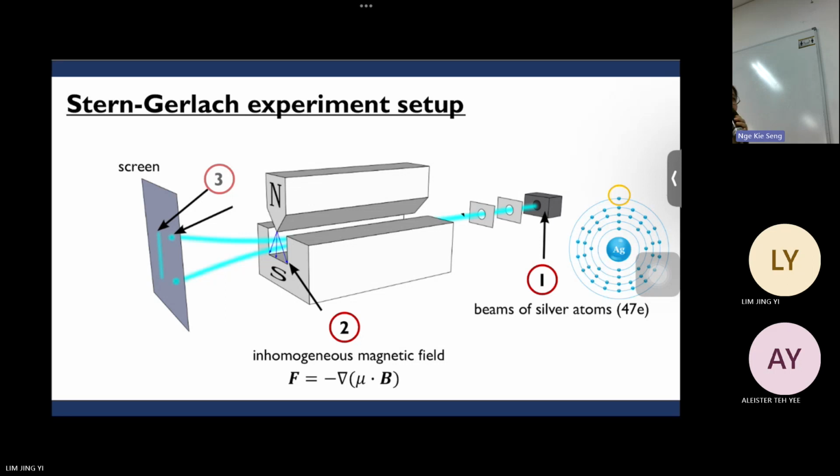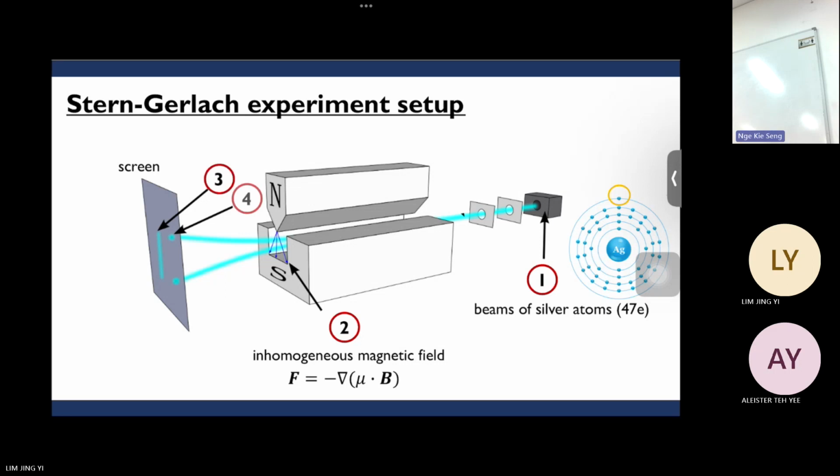Let me rephrase this. We want to determine the direction of this magnetic dipole moment as it is deflected on the screen. So we want a force acting on the magnetic dipole moment that only depends on the angle between the magnetic dipole moment and the external magnetic field, because mu dot B is mu B cos theta.